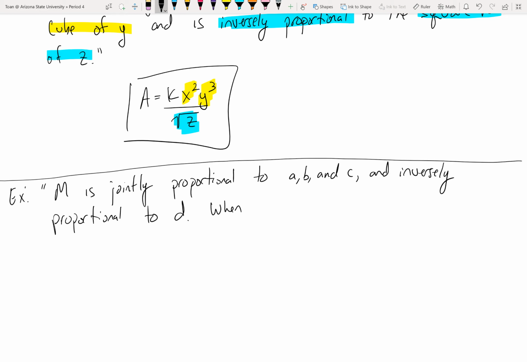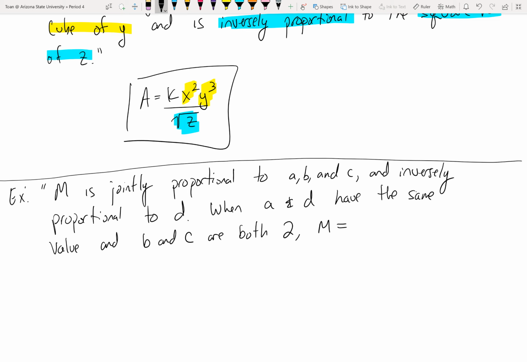When A and D have the same value and B and C are both 2, M equals 128. So the first part of that phrase sounds like the previous example.